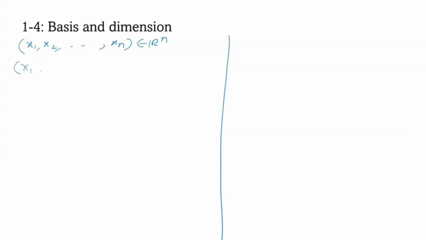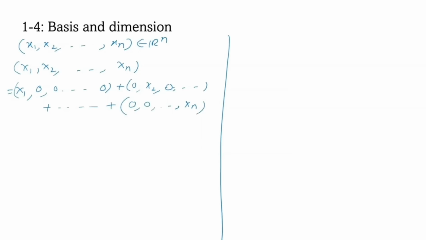We are left with the second property, which is that S spans Rn. To show that, let (x1, x2, ..., xn) belong to Rn. Then we can write (x1, x2, ..., xn) as (x1, 0, ..., 0) plus (0, x2, ..., 0) plus so on plus (0, 0, ..., xn).